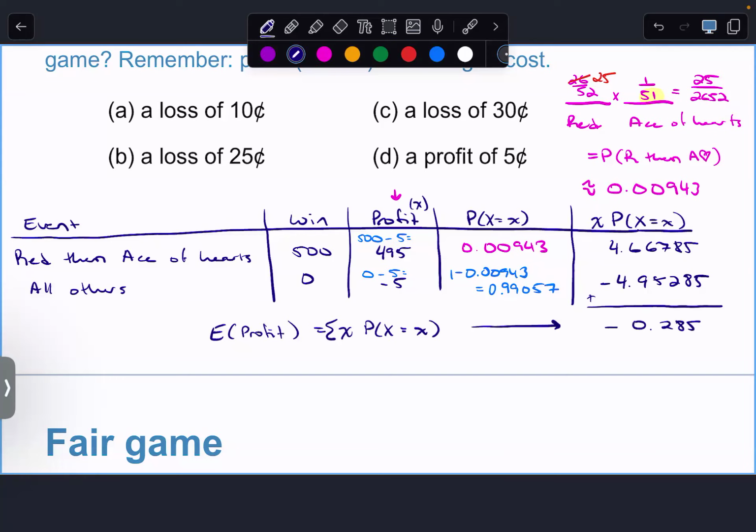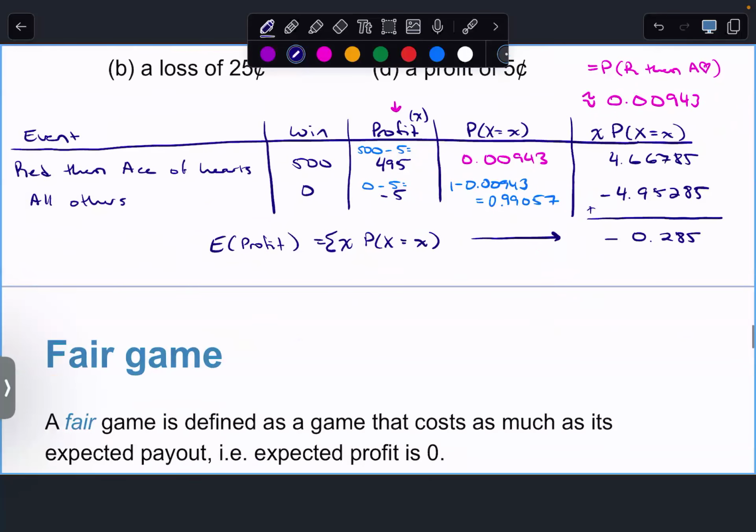That's not good. If you played an infinite number of times, you would expect to lose 29 pennies every time. Or the expected loss, right?